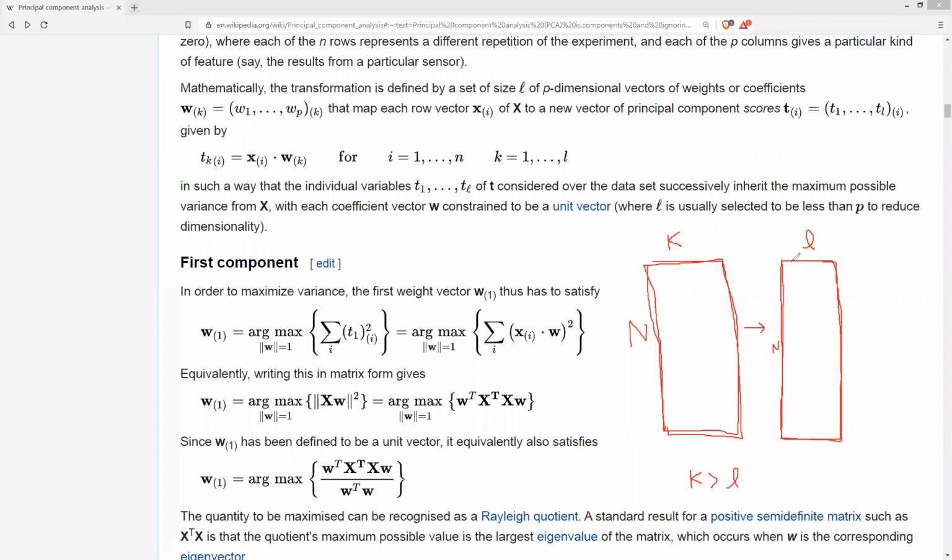Now, how to do that? We can do simple matrix algebra. We can do this by multiplying by some matrix over here.